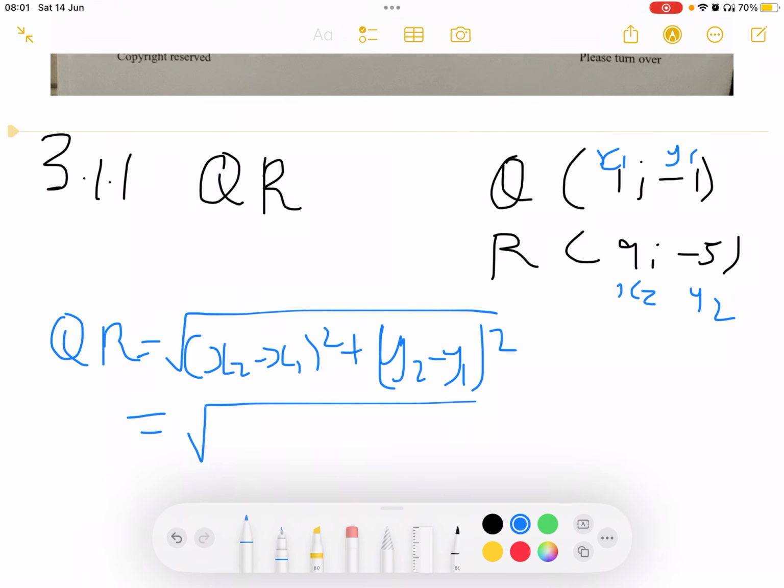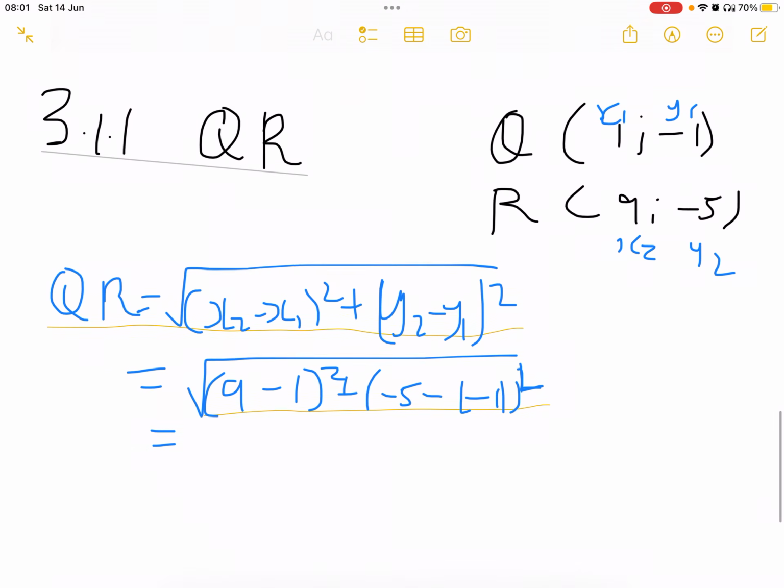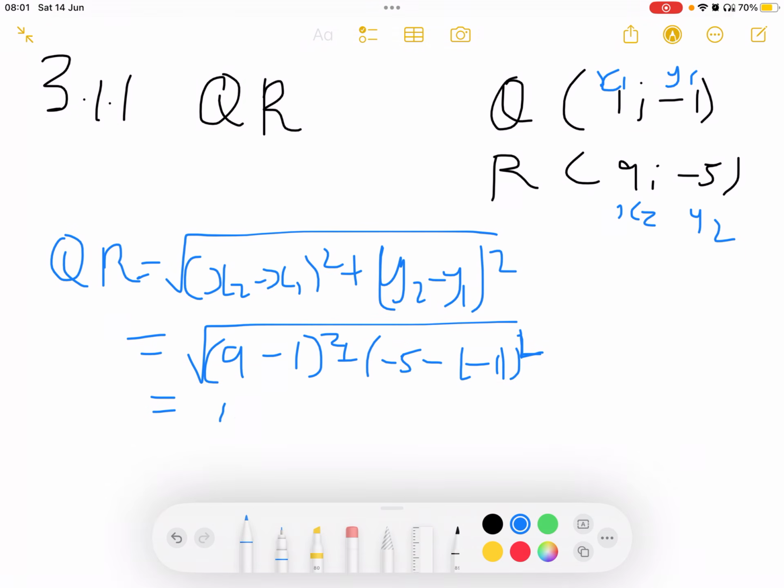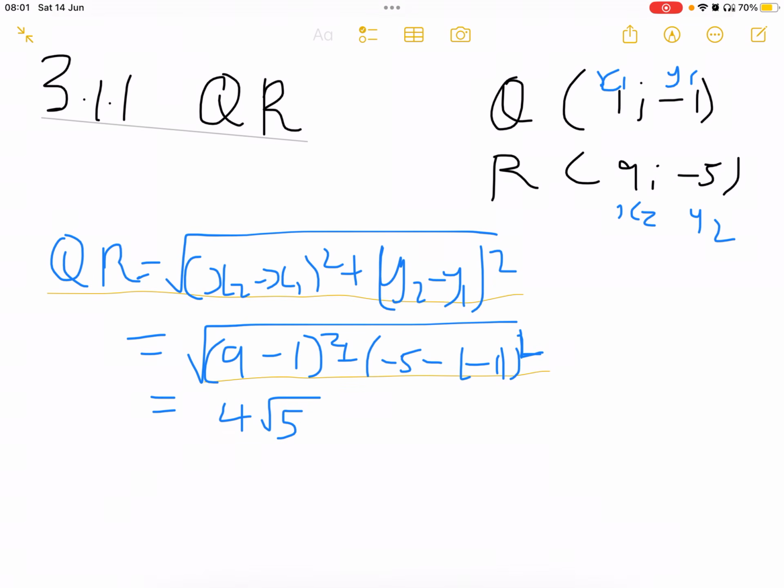Simple substitution: (9 minus 1) squared plus (negative 5 minus negative 1) squared. You just punch everything in the calculator to get 4 root 5. 4 root 5 is the value of QR.